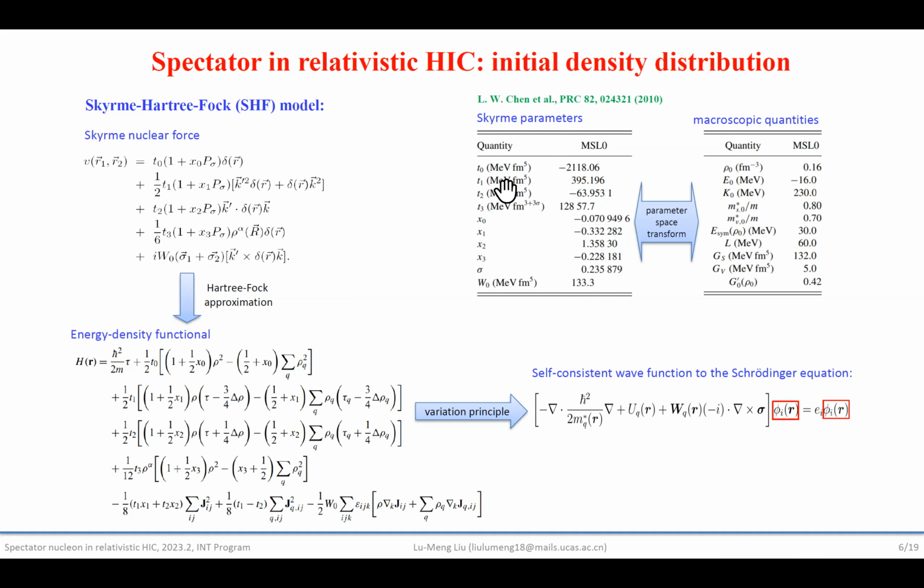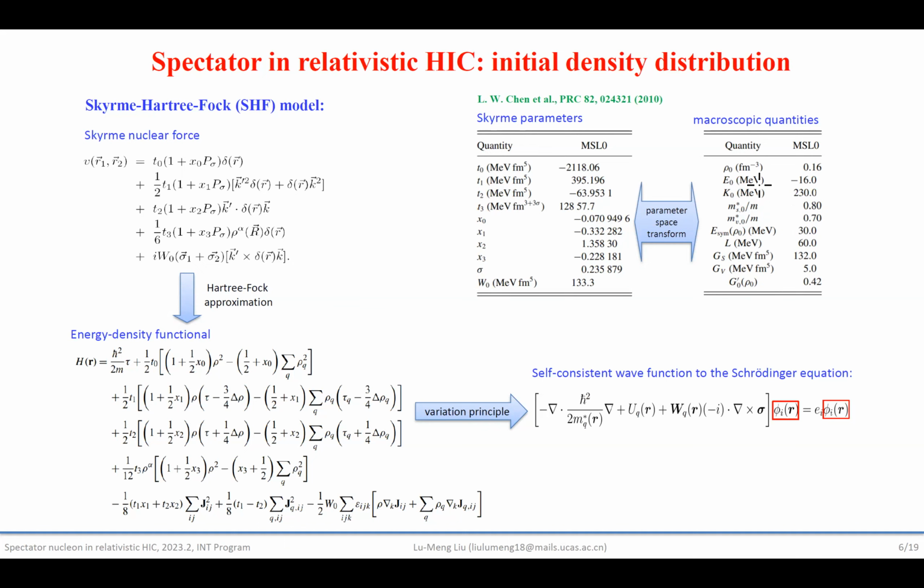There exist 10 Skyrme parameters, t0 and x, sigma, and W0, the spin-orbit coupling strength. Normally, their values are obtained from fitting the experimental data. On the other hand, we can use the energy density functional to investigate the properties of nuclear matter.